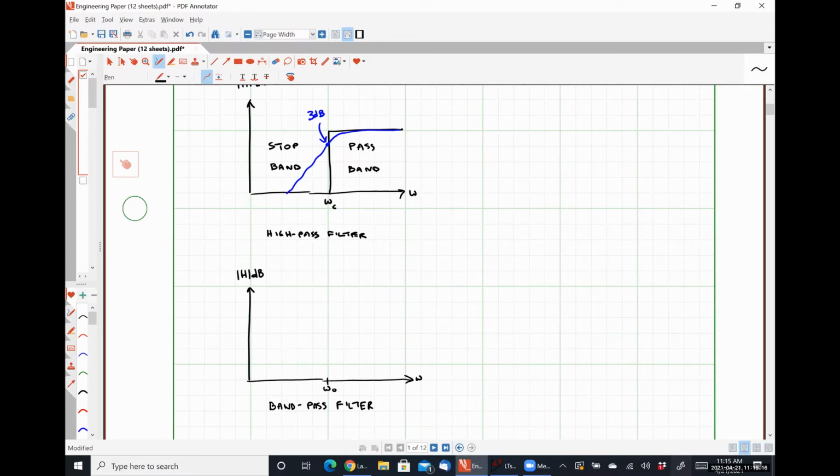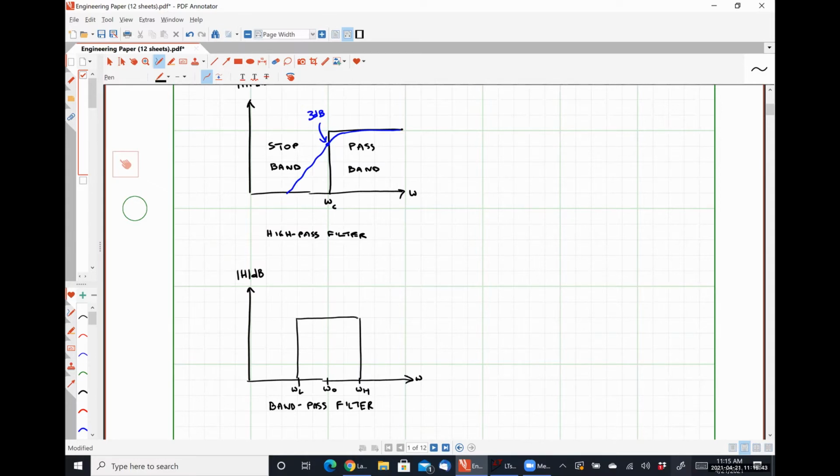All right. And then in addition to that, we have a frequency which I'm going to call omega L and a frequency which I'm going to call omega H. So low and high. Our response ideally is going to look something like this.